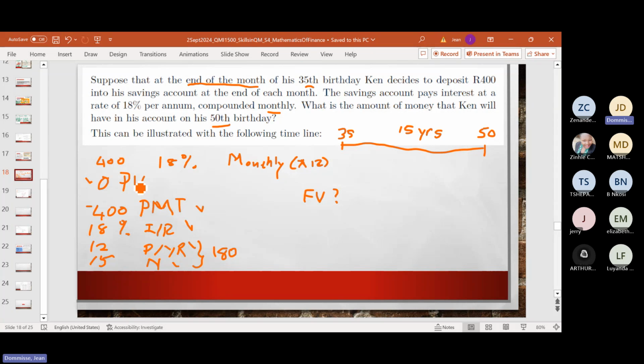So 0 present value, negative 400 PMT, 18% interest, 12 times a year.